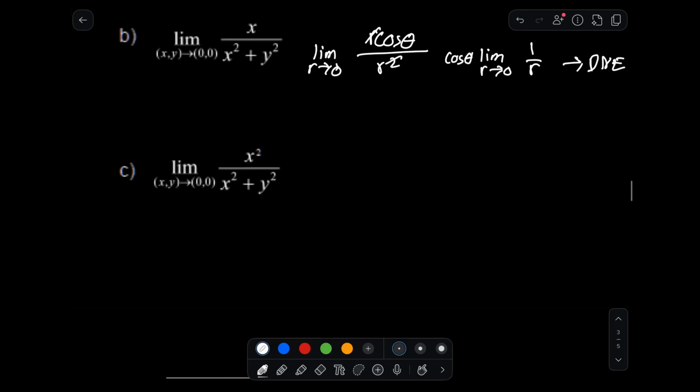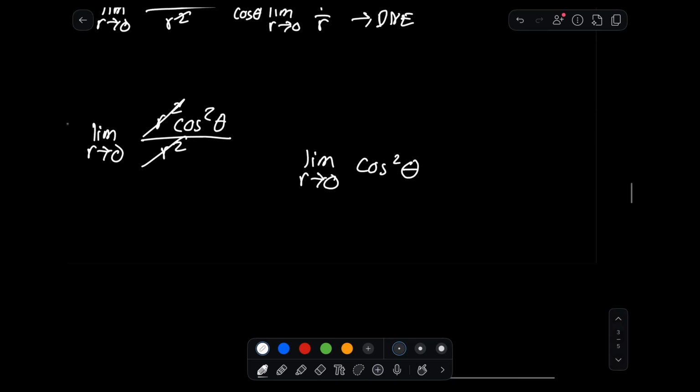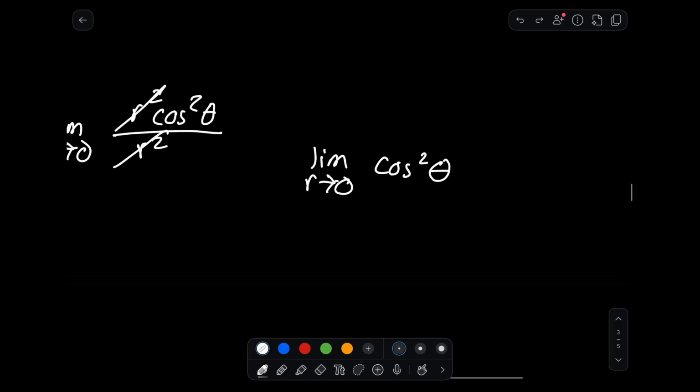And then finally for part C, we have this limit. Again, we're just going through all the variations of x squared and x cubed, but that's all good. So we're going to have r squared cosine squared theta over r squared in its totality, the limit as r approaches 0. These cancel. And then we are left with the limit as r approaches 0 of cosine squared theta. We don't have an r here, but we have this, and this can vary regardless of the direction that we're going towards, right?